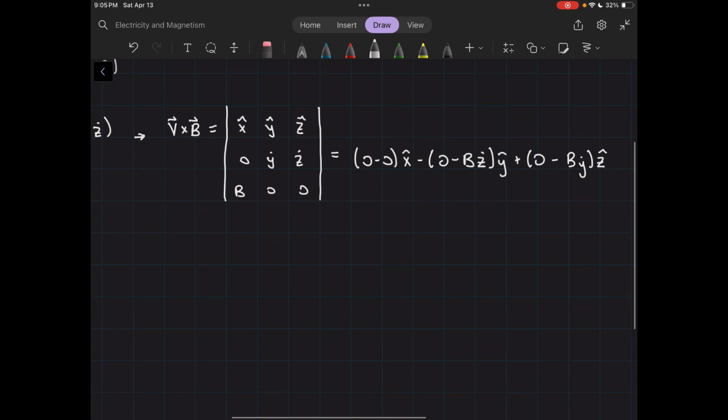So this simplifies to b z dot y hat minus b y dot z hat.